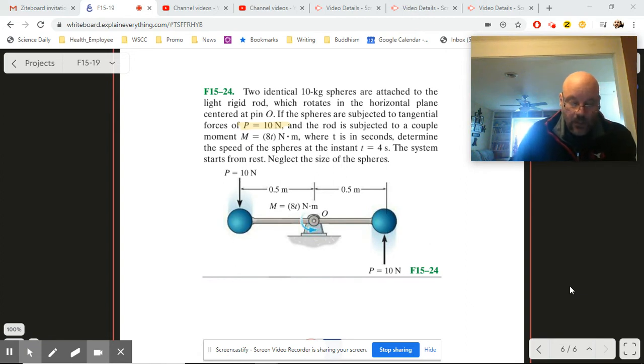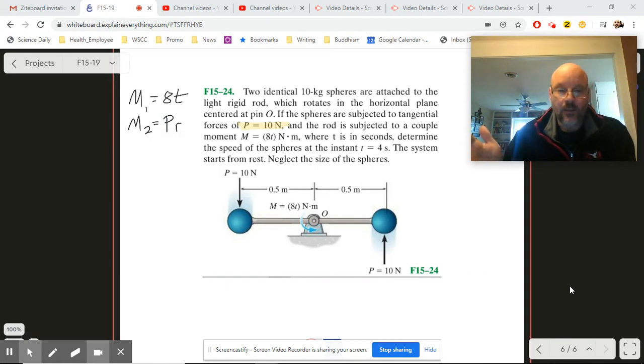So M1, I will call just that applied moment, which is 8t. Then there's M2, which I'm going to call P times R. And P is the force, 10 newtons, and R is 0.5.